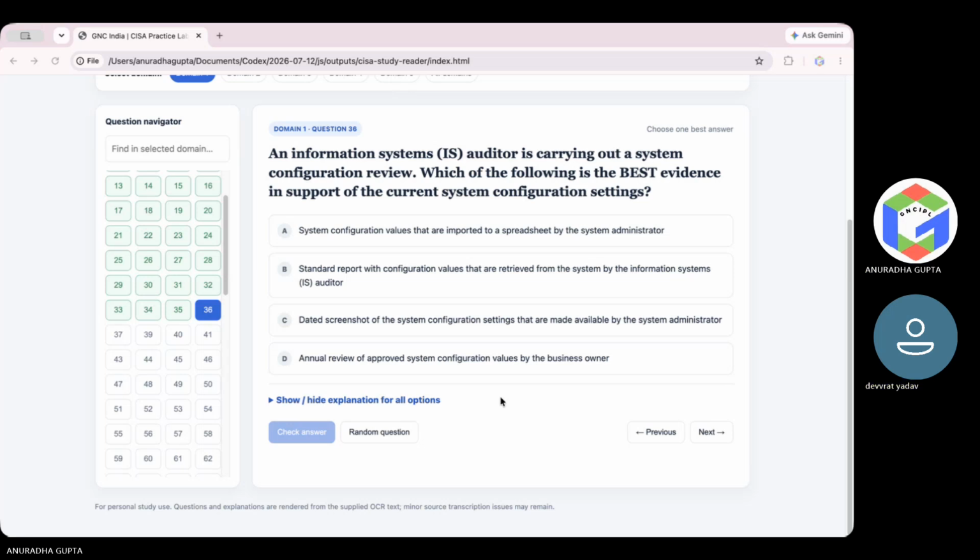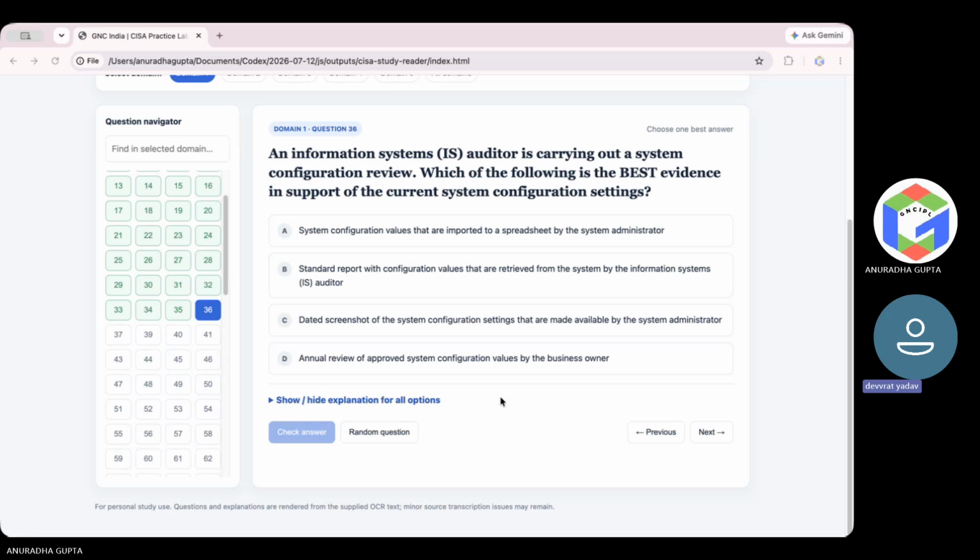B is saying a standard report with configuration values that are retrieved from the system by the information system auditor. C is a dated screenshot of the system configuration setting made available by the system administrator.